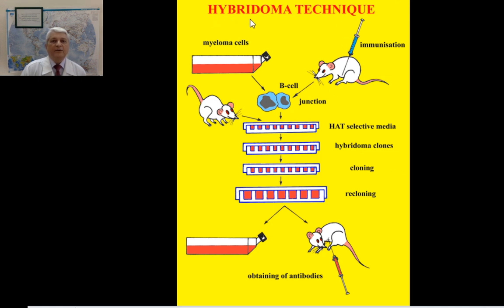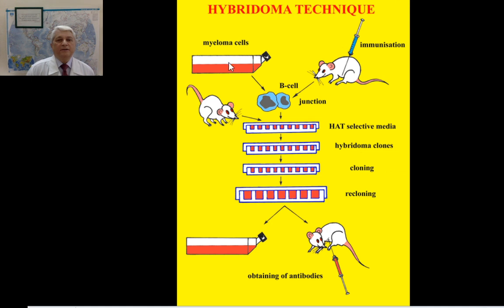Hybridoma is the hybrid tumor. Oma is tumor, hybrid is hybrid. So finally, in each of these test tubes, we have only one clone of hybridoma, antibody producing or antibody not producing cells.